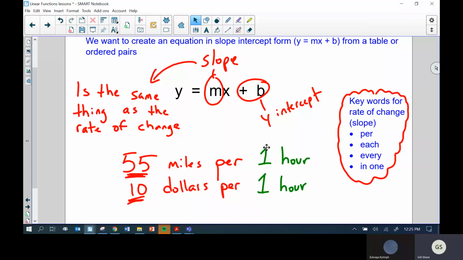You would have to say, okay, if I went 200 miles in 4 hours, how far did I go every 1 hour? So you'd have to divide that by 4. You get 50. So 50 miles per 1 hour.